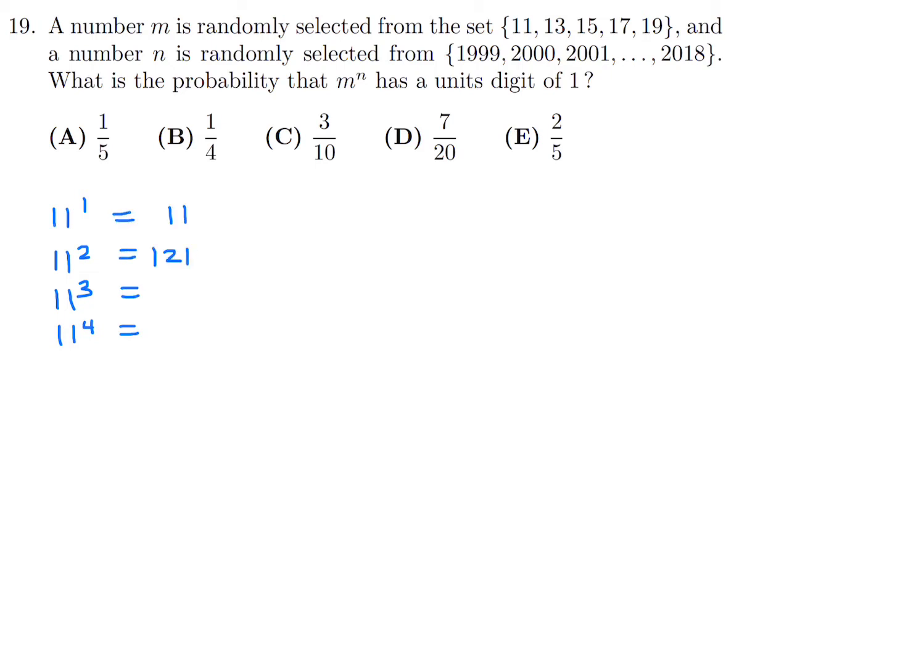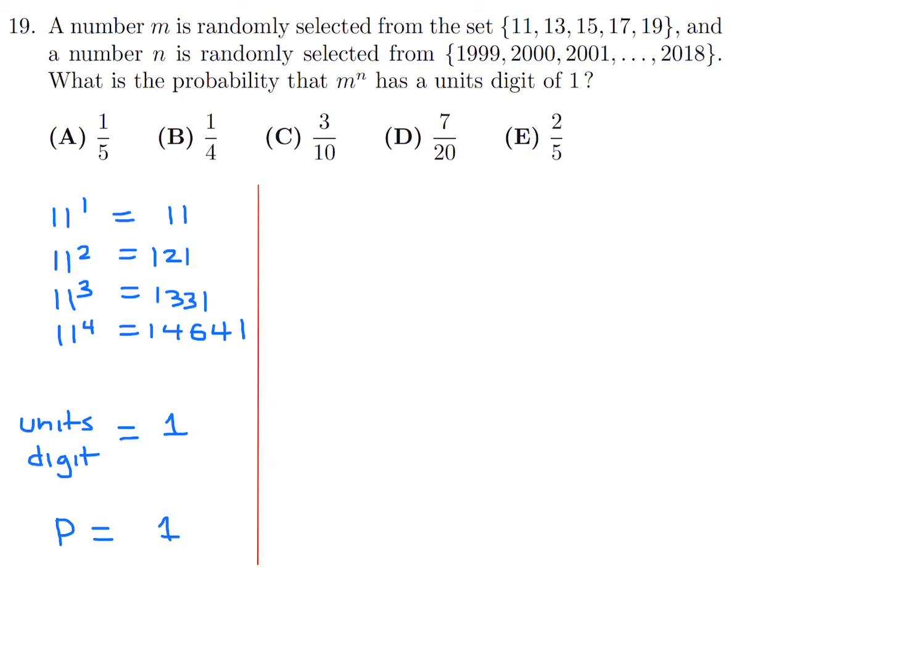Well, that's 11, that's 121, that's 1331, and that's 14641. Units digit is always 1 in this case. So that means the probability there is just 1. That took care of the 11.